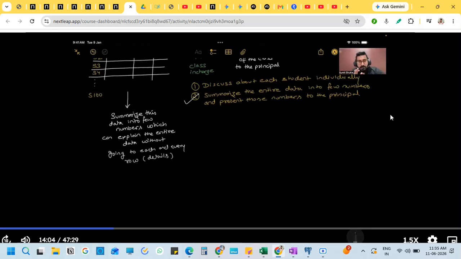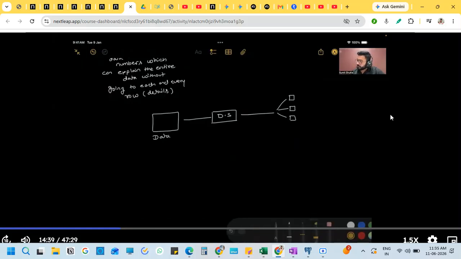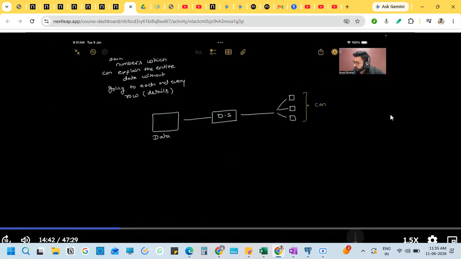So what I have said is descriptive statistics will summarize the data into a few numbers. That basically means if I present the entire information in a pipeline, this is your data. Now, if you apply descriptive statistics on top of it, you will get a few numbers, and these numbers can explain the entire data, right?